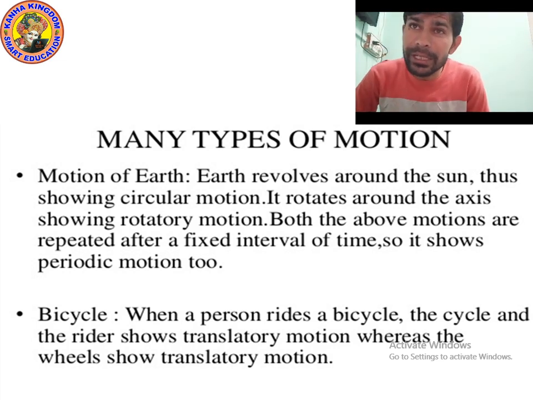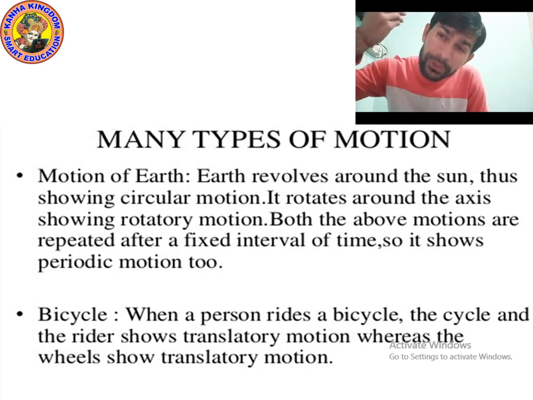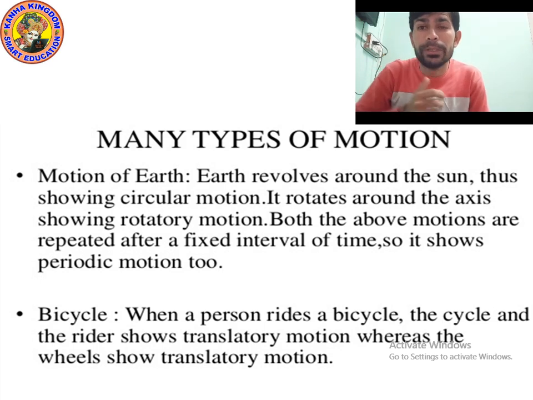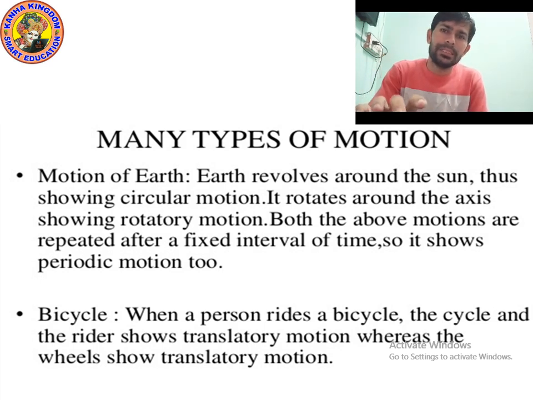Okay, a periodic motion can be circular motion, but circular motion cannot always be periodic motion. Remember these points. I hope you understood. Now let's move on to the next point.